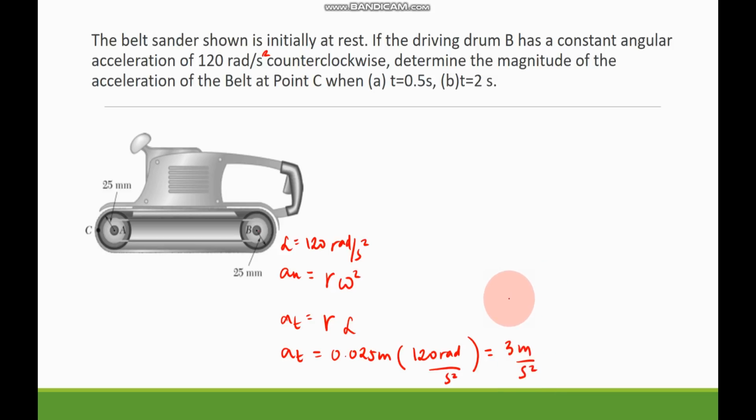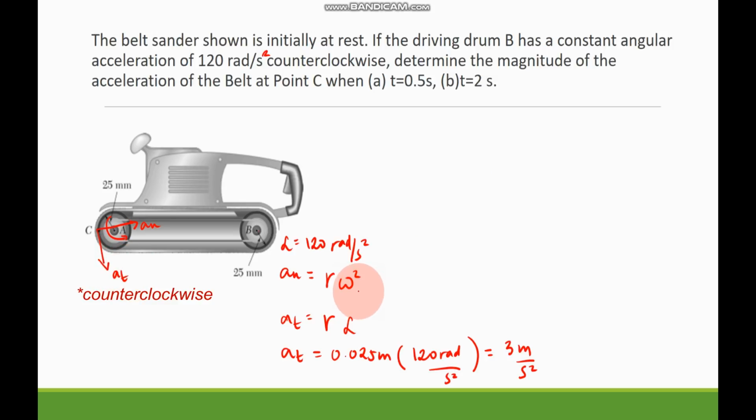And then this is our point C. So the motion is in clockwise direction. Therefore, the tangential component of our acceleration is positive downward, and the normal component is positive to the right. So this is AN, this is AT.